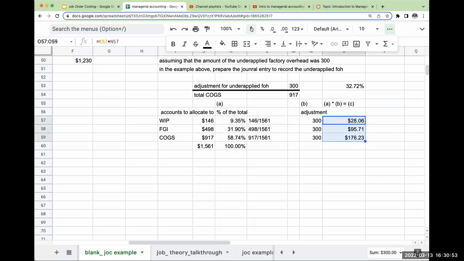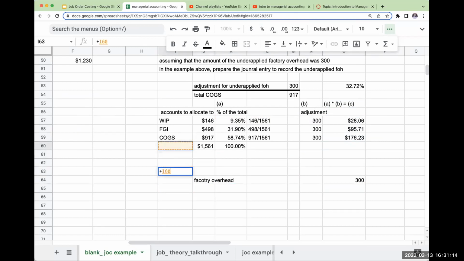So when it comes to doing the journal entry, what is that going to look like? Well, factory overhead is under applied, right? So my factory overhead is going to be a credit for 300, because it was under applied.